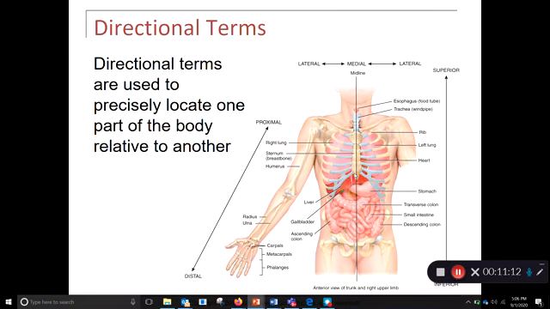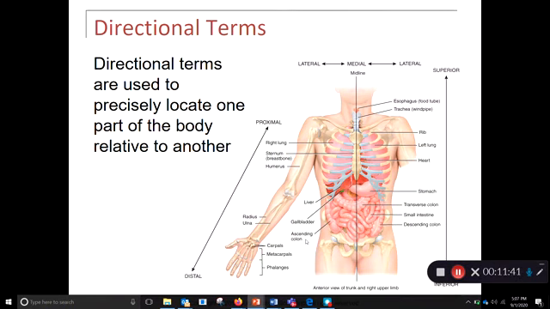Ipsilateral, contralateral. Remember that lateral is referring to a side. Ips means same. So it's the same side you're saying. Things are on the same side. So if you're saying there are lacerations on the limbs on one side, then you're saying that it's ipsilateral.